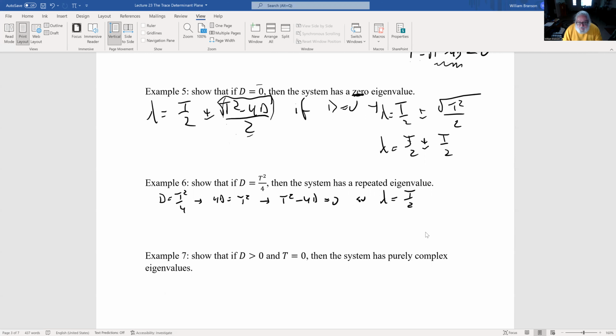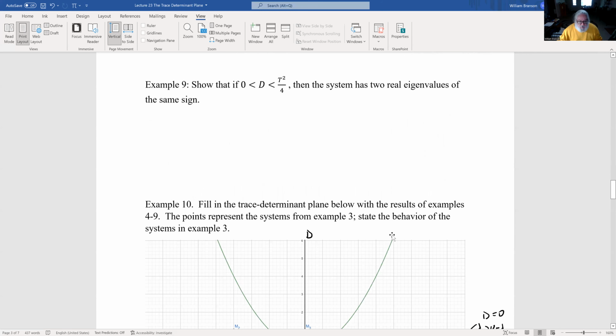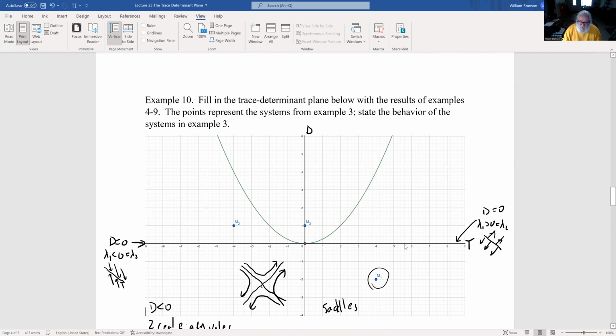So if t is negative, you get a repeated eigenvalue with a negative value. If t is positive, you get a repeated eigenvalue with a positive value. So that's this curve, this parabola, d equals t squared over 4.